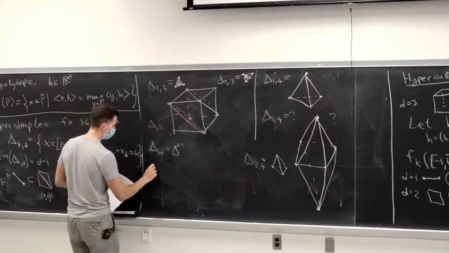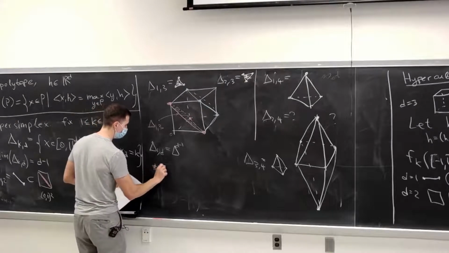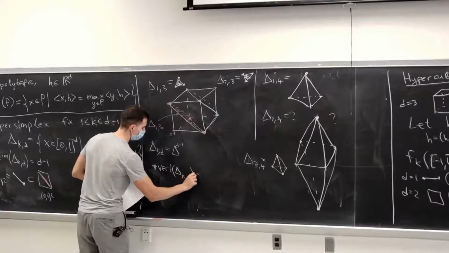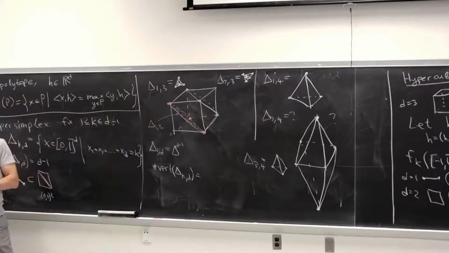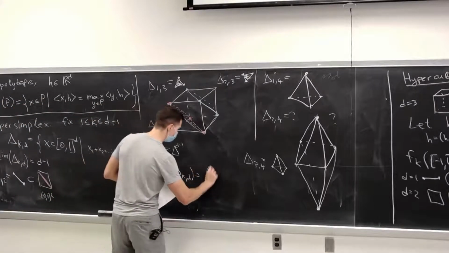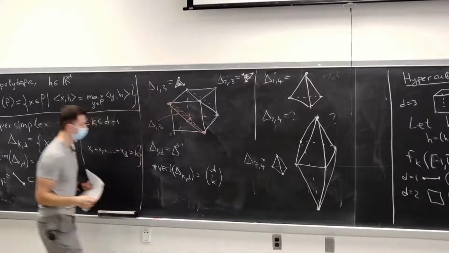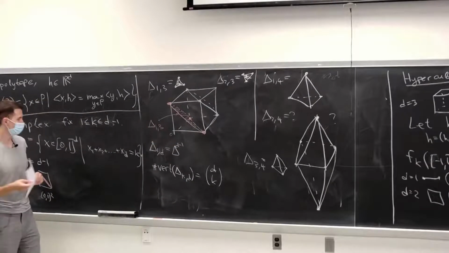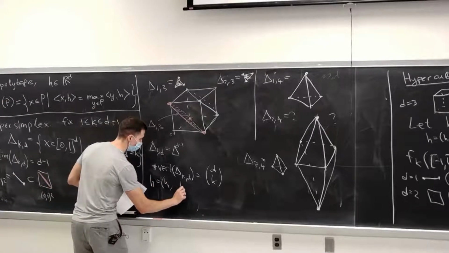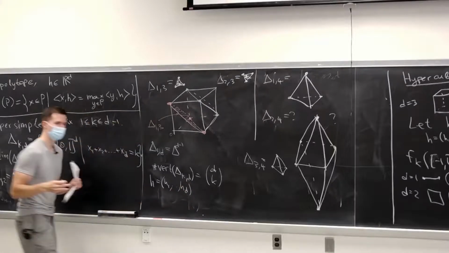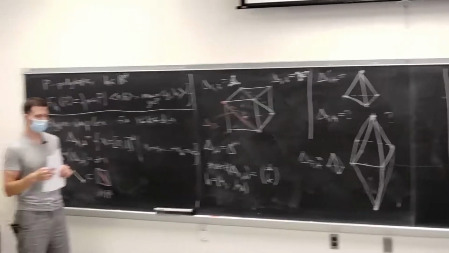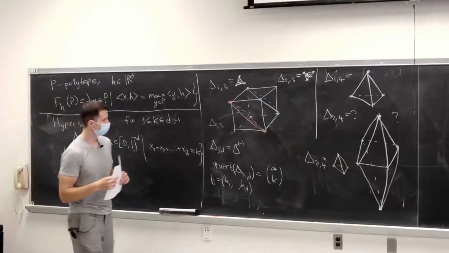So what is the number of vertices of delta k, d? D choose k. Okay. And why is that? If I give you an h, in d dimensions, yes.